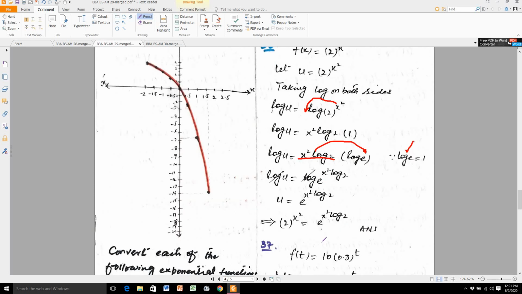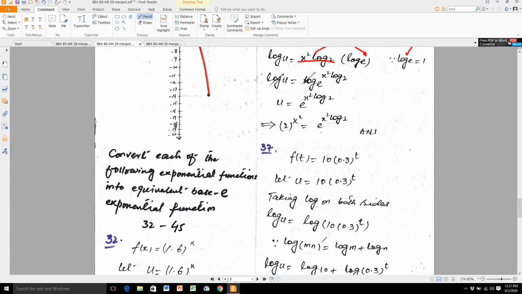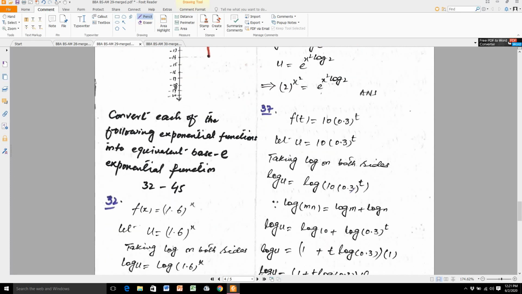Then we see question number 37, that is f of t is equal to 10 into 0.3 raised to the power t. Again I am letting u is equal to 10 into 0.3 raised to the power t, taking log on both sides. Log u is equal to log of 10 into 0.3 raised to the power t.